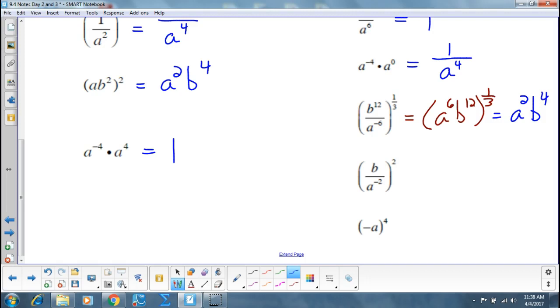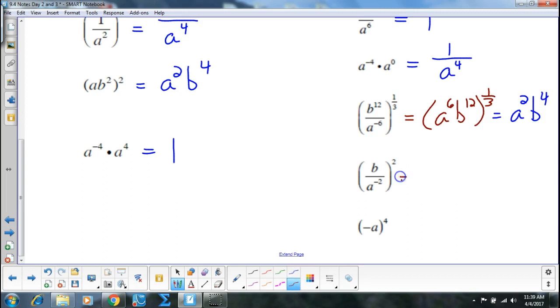b over a to the negative 2 power, then squared. The answer is a to the fourth b squared.